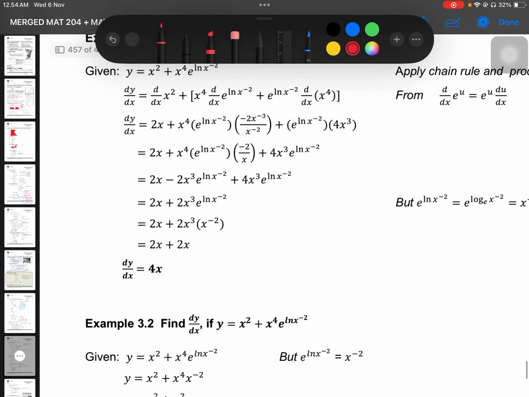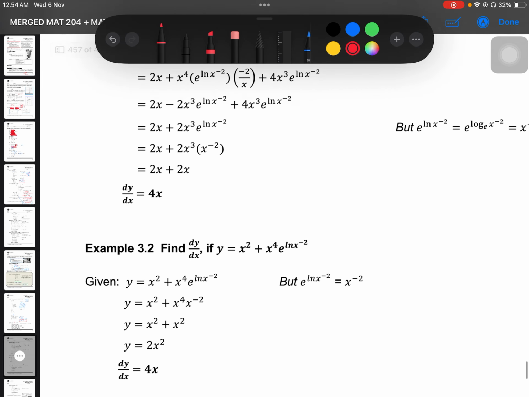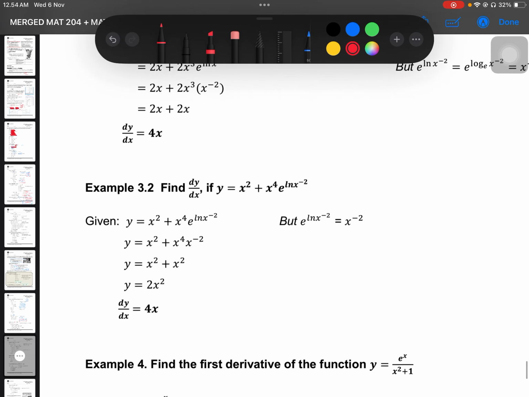So, hanap tayo ng iba pa. This one. We have find dy over dx if y is equal to x squared plus x raised to 4 e raised to ln x raised to negative 2. So, kopyahin lang natin.